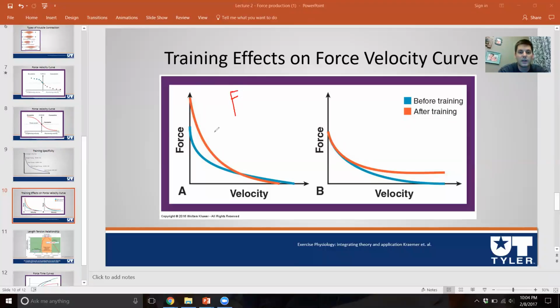So training for strength. So what we see is our 1 rep max here essentially is much higher, right? Our 1 rep max, sorry, terrible writing there, goes up because we've been strength training here with heavy weights. And again, we see no benefits really at all in the velocity part of the curve. If anything, one of the downsides is maybe even slightly worse off on the velocity side of things.